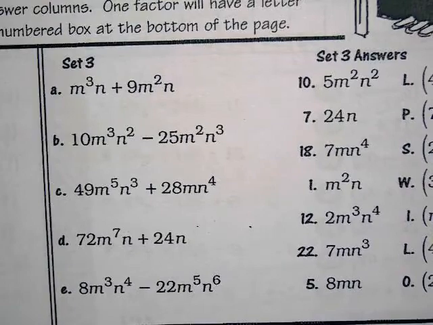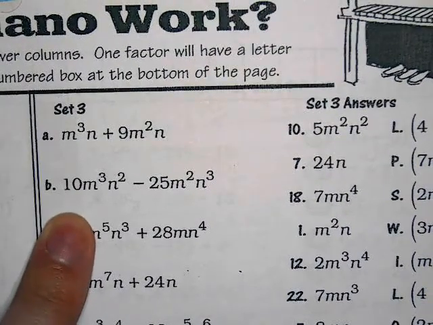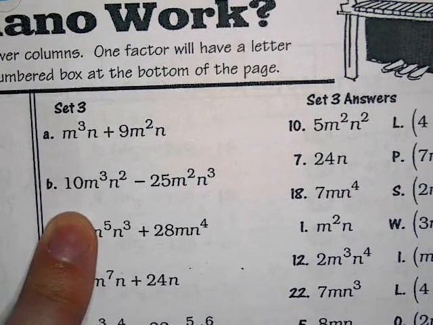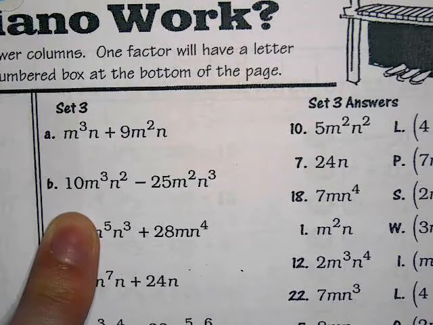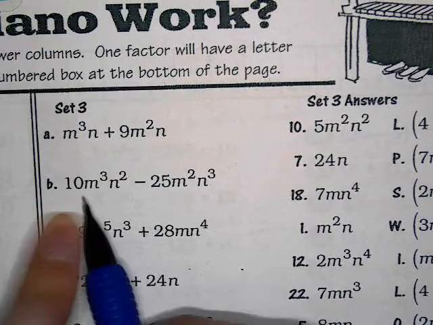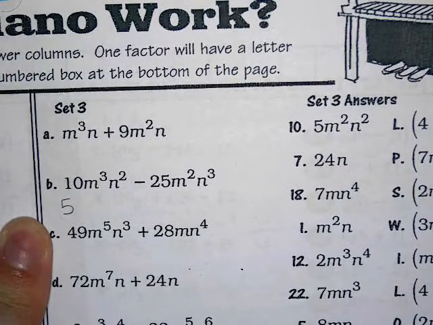Okay, so for problem B, between a 10 and a 25, what number? 5. Okay, between 10 and 25, we should take out a 5. Okay, between an m to the third and an m squared, what should we take out? 2, m squared, okay.